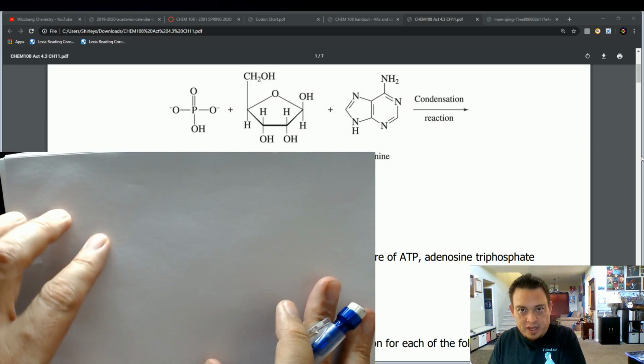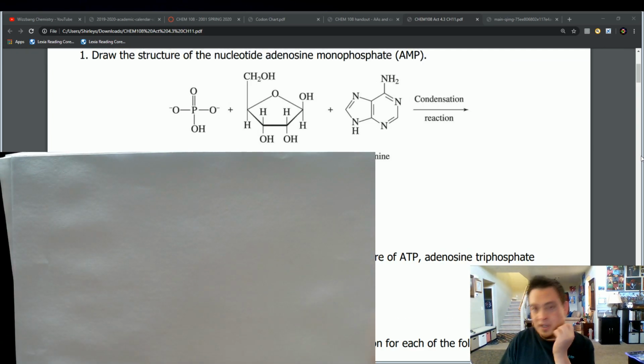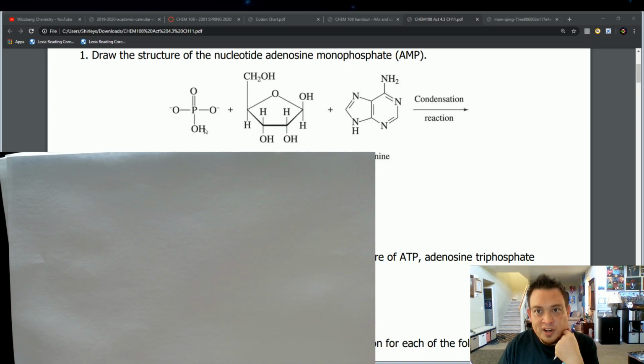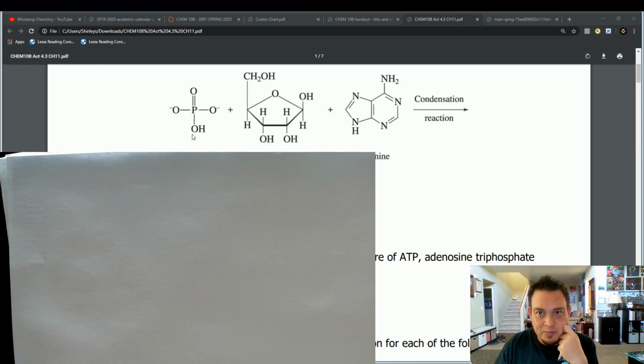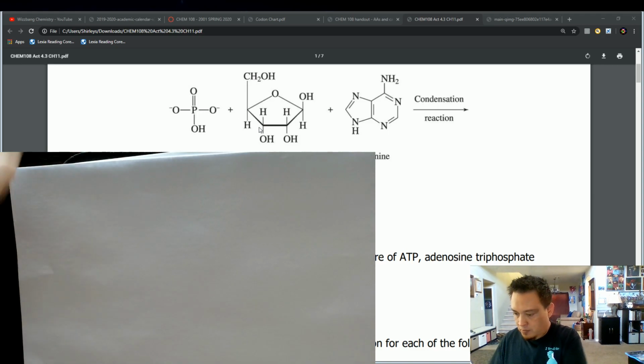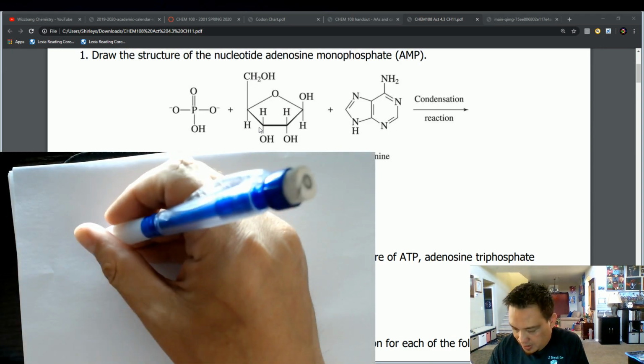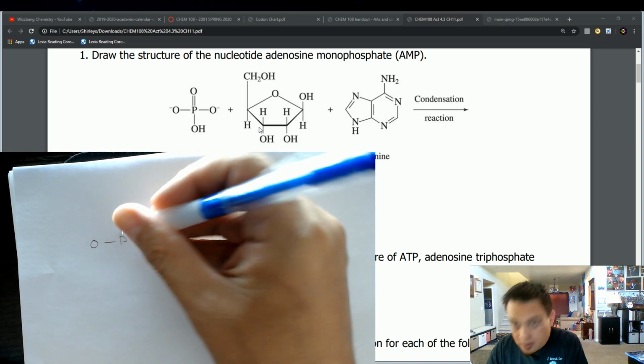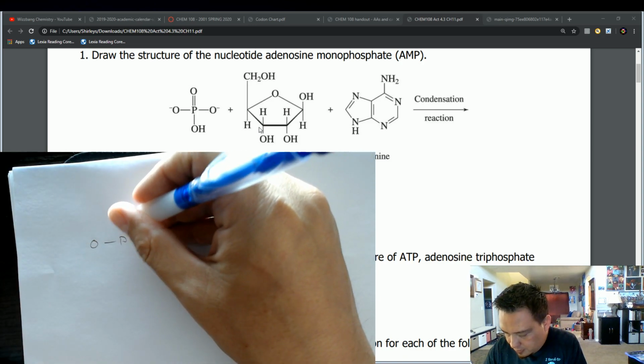All right, so the way you want to connect these is between each of your groups here, you have an OH, and they are going to connect by a condensation reaction, and you're going to basically lose a water molecule. They're going to be bonded to each other, sharing their oxygen. So your phosphate group is going to be like this.